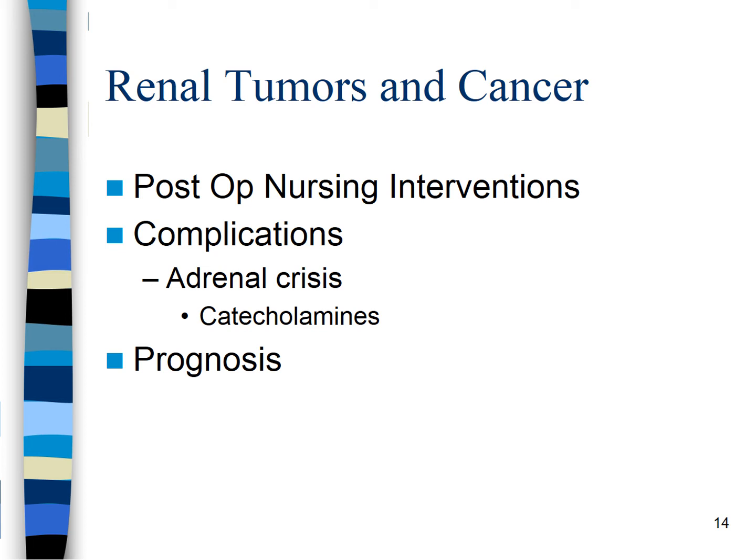You also want to have good pain control. Avoid turning your client onto the operative side, and you will need to provide emotional support due to uncertain prognosis. And when the client gets discharged, they must not participate in contact sports.